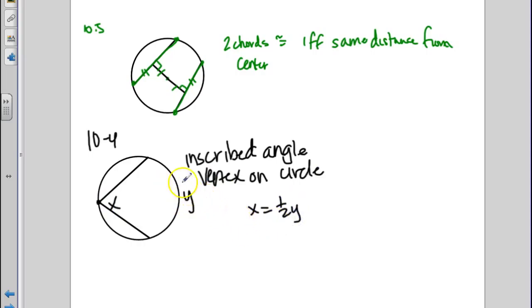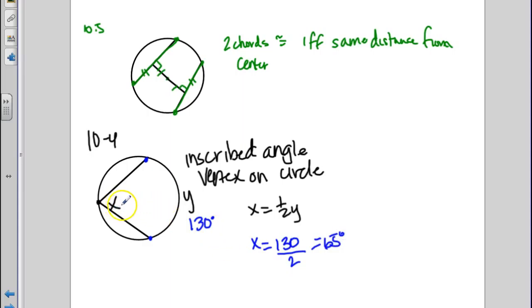So if I told you that this arc was 130 degrees, then we know that X would be 130 divided by 2, or 65 degrees.